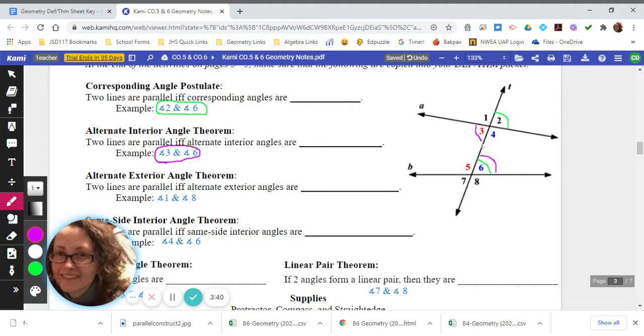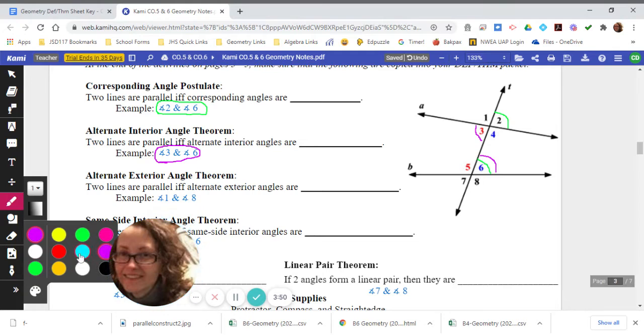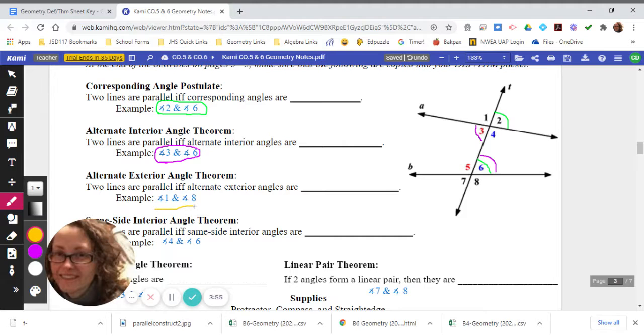Those are on alternating sides of the transversal, but inside the two lines. Alternate exterior, let's do those in yellow, would be, for example, angle 1 and angle 8. They're again on alternating sides of the transversal. One's on the left side and one's on the right, but they are exterior to our two lines.